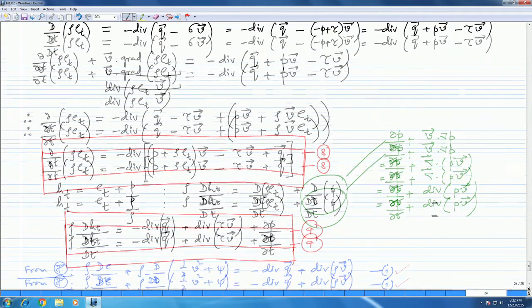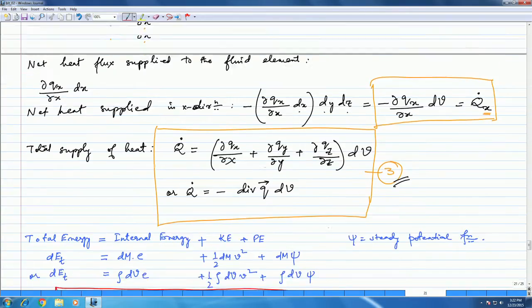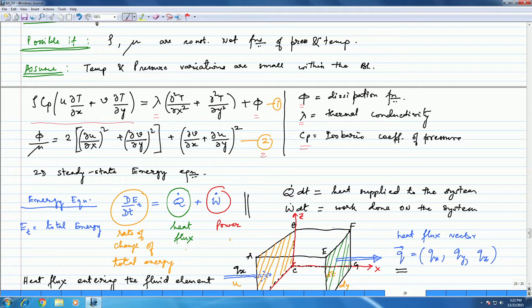If you look at this equation, this is our equation, and we said that the total change in internal energy, which is the left hand side, can be written as the conduction term and the dissipation term. However, the dissipation term definitely has a dependence on the velocity. Therefore, in order to get the thermal field in this particular case, we need to know the velocity field.